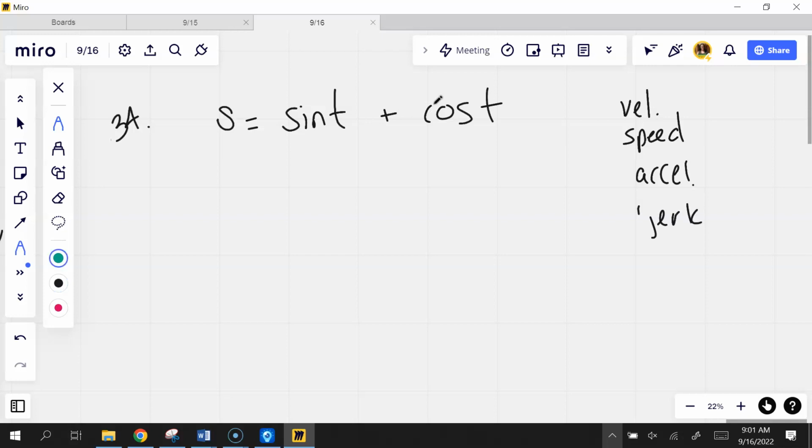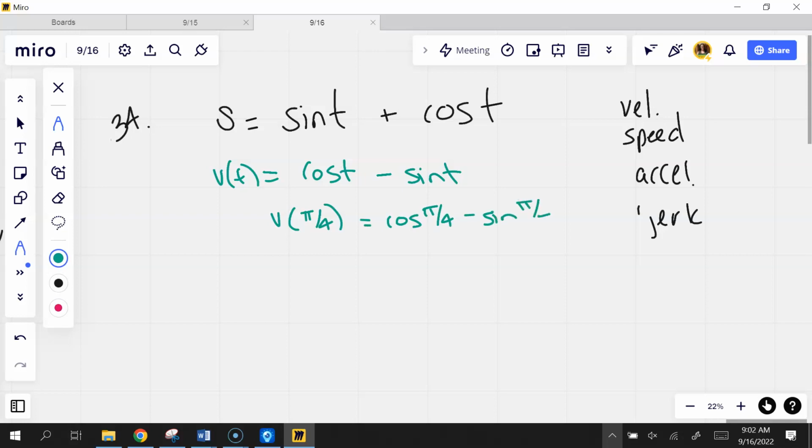All right, so velocity at time t. What's the derivative of sine t? Derivative of cosine t. What is the velocity at pi over 4 seconds? Cosine of pi over 4.